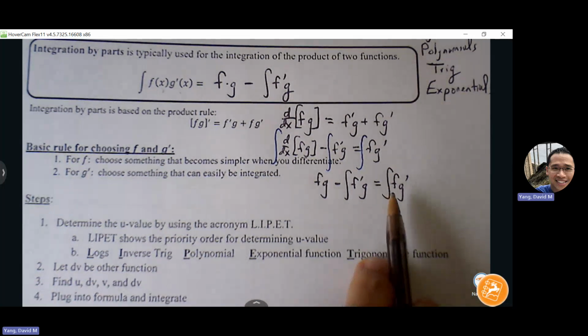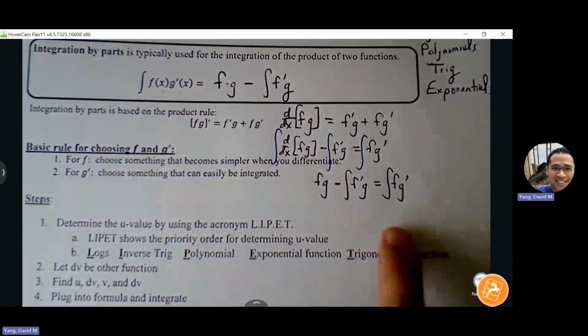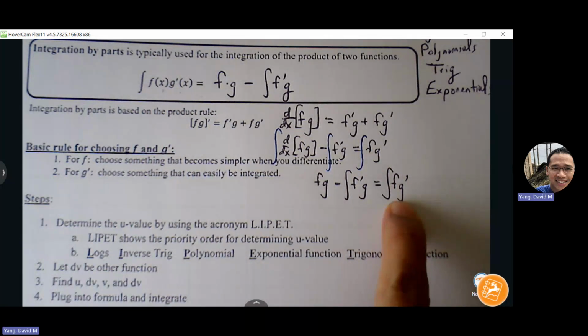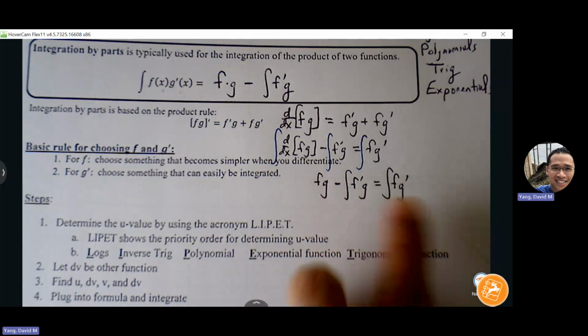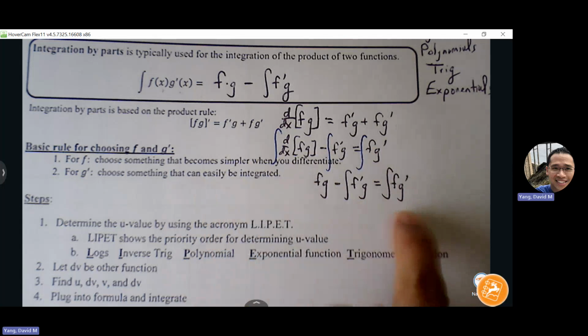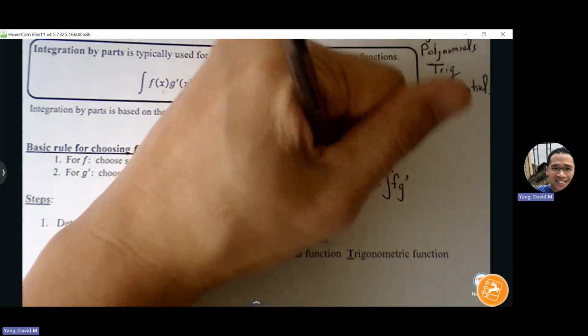So if we look at what's over here on the right side, this is basically what we're starting with. We're starting with this side here, integral of fg prime, which is equal to fg minus integral of f prime g. So really just rearranging this, putting this on the left side here. This is how we're going to start.